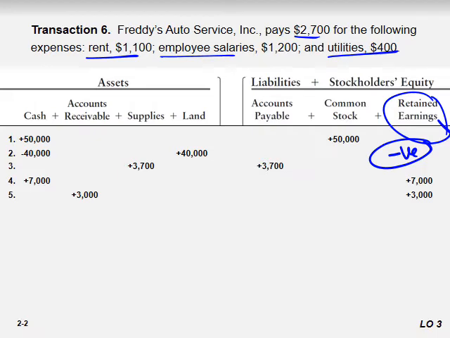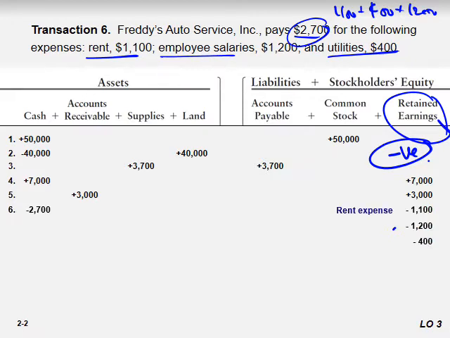So how much is the amount? 1100 plus 400 plus 1200. So we have 2700 total. So 2700 we pay cash and we decrease our retained earnings. Here we go. We paid cash and we decrease our retained earnings.